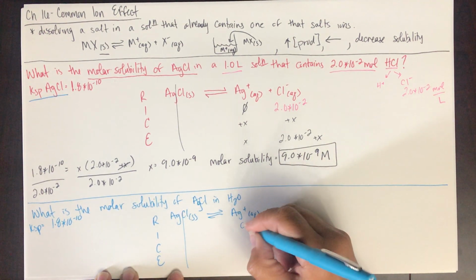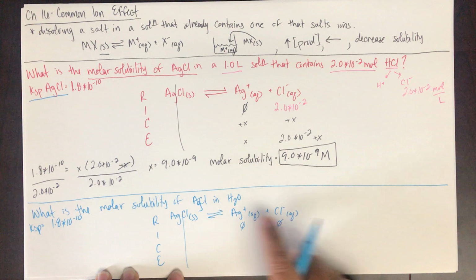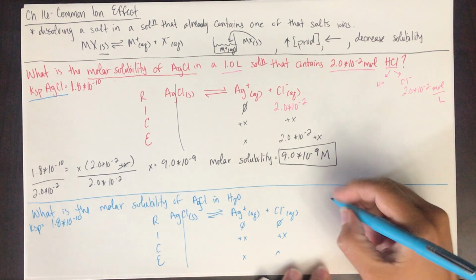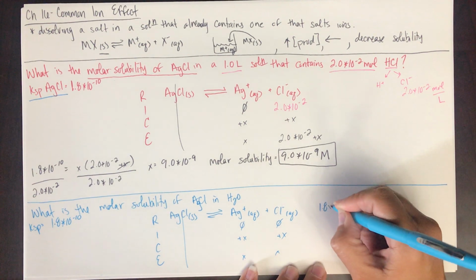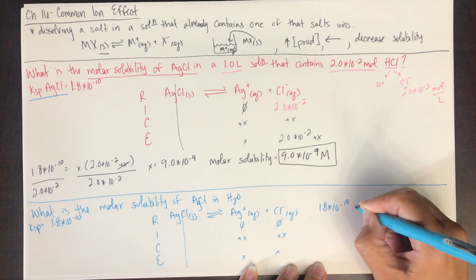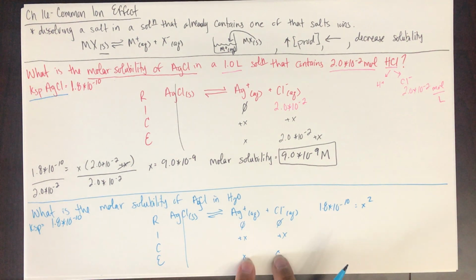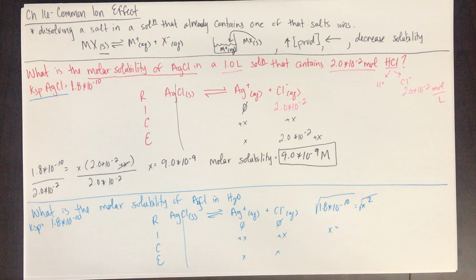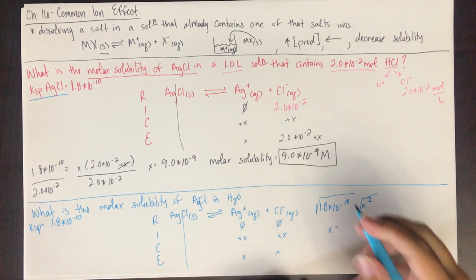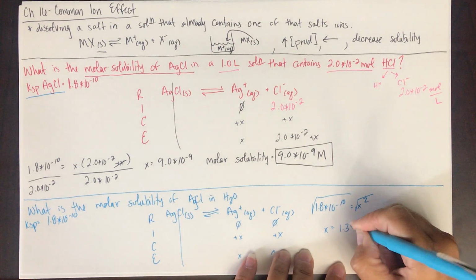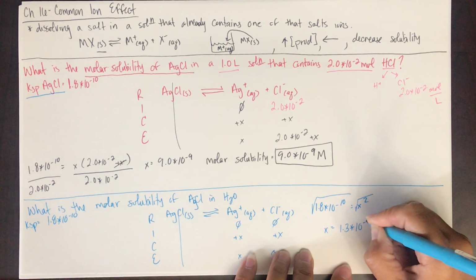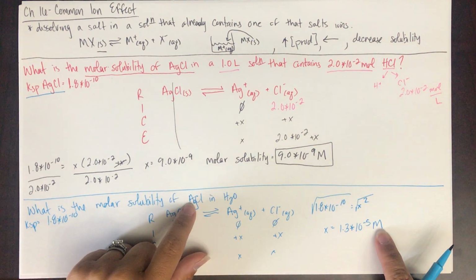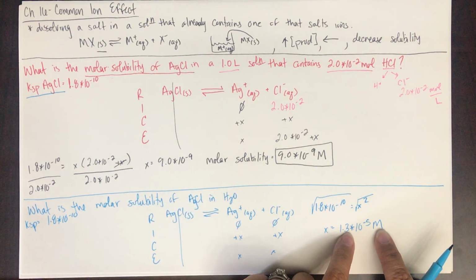This time, we do not have any chloride ions because we're just dissolving it in water. So now I have Ksp 1.8 times 10 to the negative 10th equals x squared, x times x. I'm going to take the square root of both sides. x equals 1.3 times 10 to the negative 5th molar. So the molar solubility of silver 1 chloride in water is 1.3 times 10 to the negative 5th.